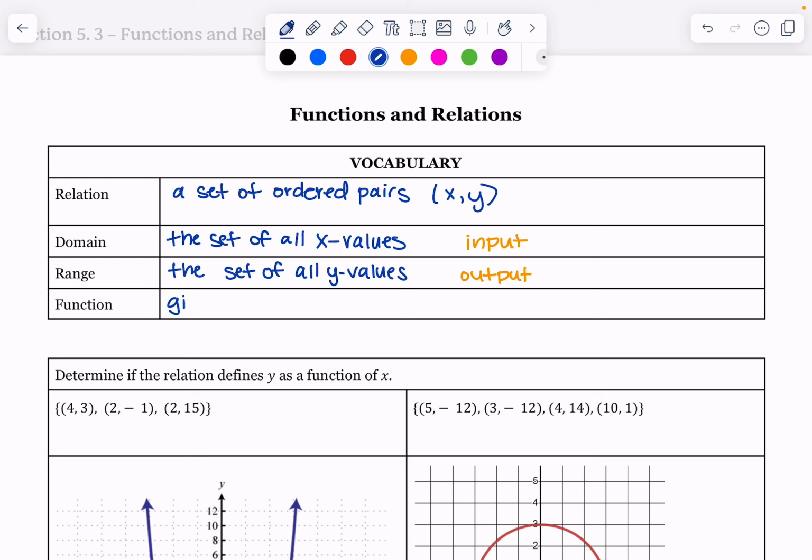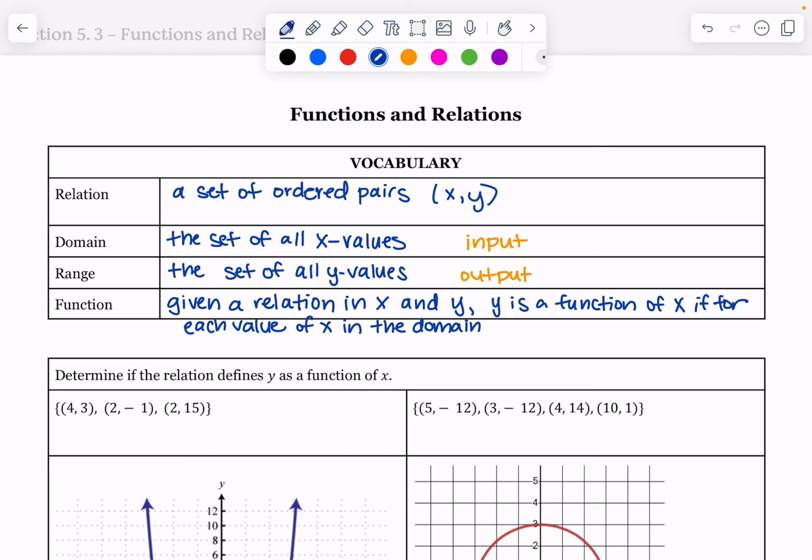A function is a relation. So given a relation in X and Y, we say that Y is a function of X if for each value of X in the domain, there is exactly one Y value in the range.